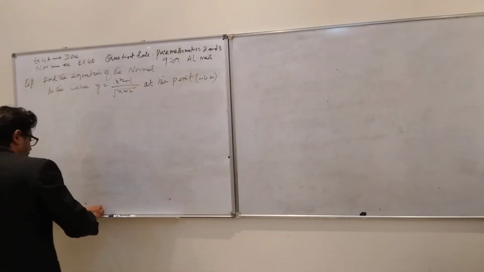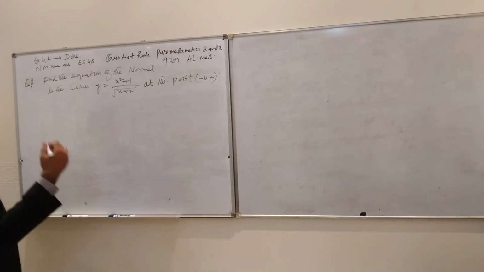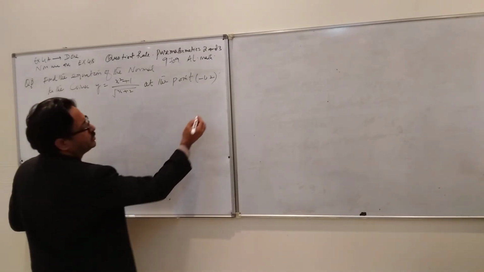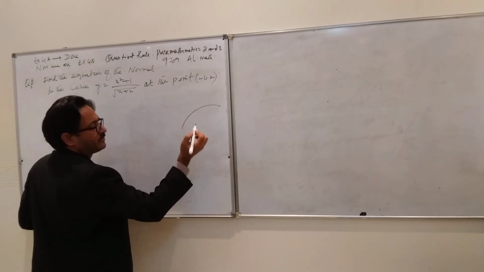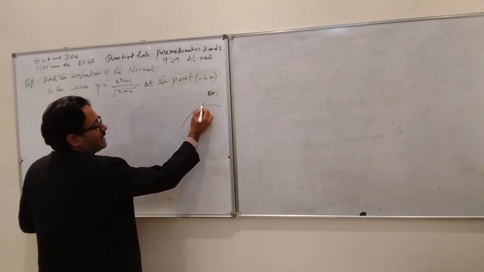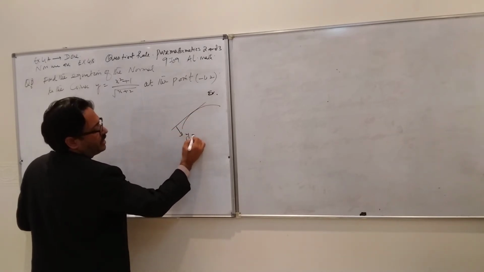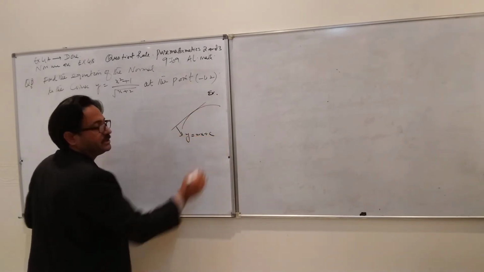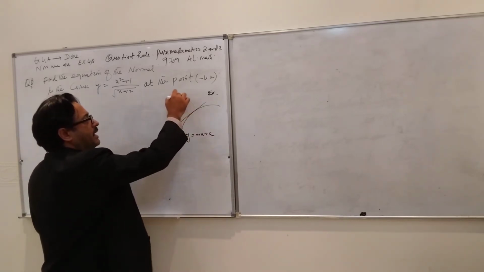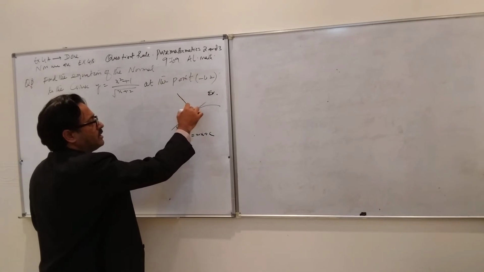Just see here, the equation of the normal. What is a normal? First, I'm going to explain it to you. This is a supposed curve, just an example, not the exact curve. This is the tangent to the curve. The tangent is y equals mx + c. Then this line is the normal to the curve.